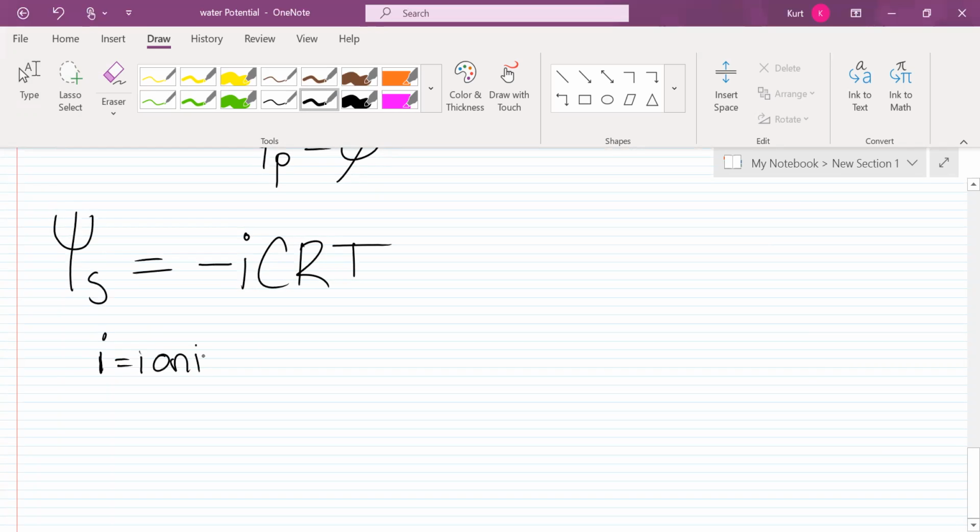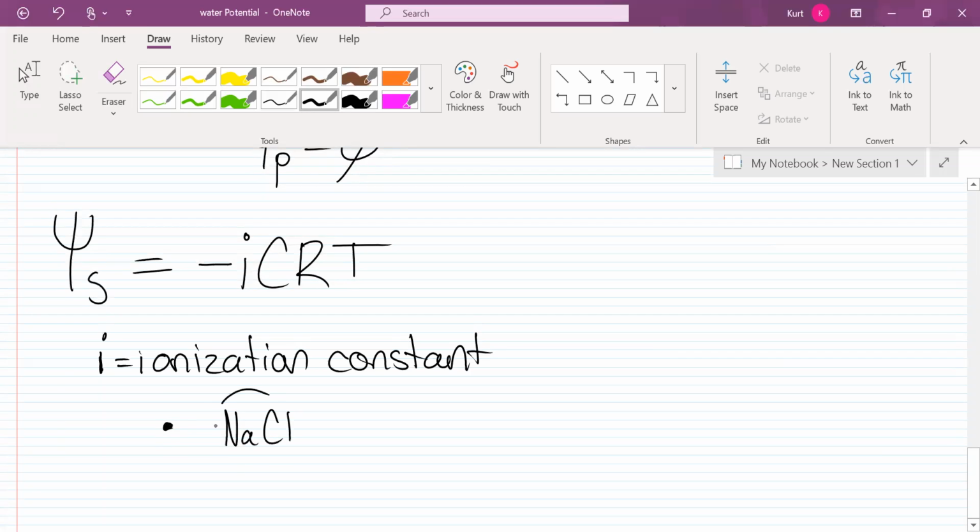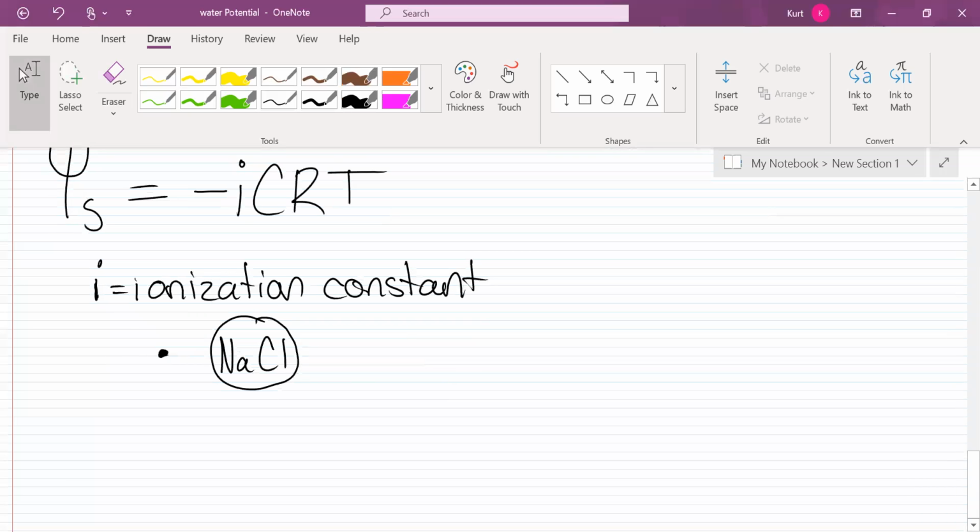This stands for the ionization constant. Think back to the example I did earlier today with the sodium chloride. How many units is that right there? How many units is sodium chloride? I'm not asking you how many atoms it is.